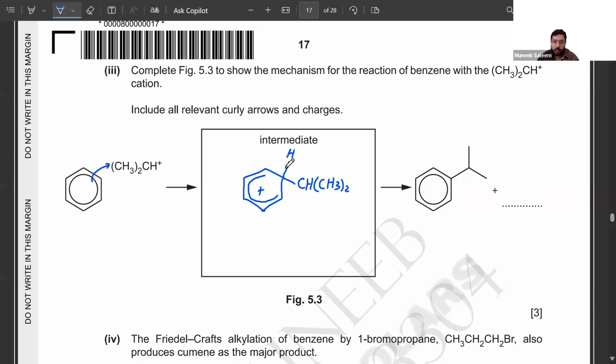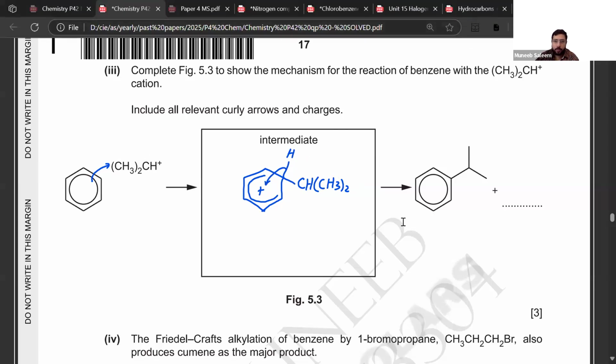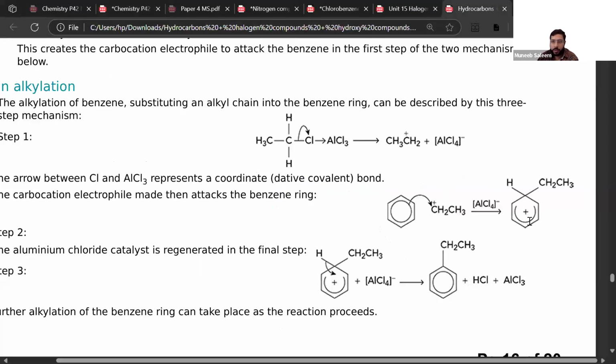Now I have to show that in the next step, this hydrogen will be broken off from here by heterolytic fission, and the electrons will go into the center like this, because we have seen that a similar type of arrow must be shown here, that this hydrogen bond breaks and arrows go inside the horseshoe type of lone pair, and we have the formation of the benzene compound again.